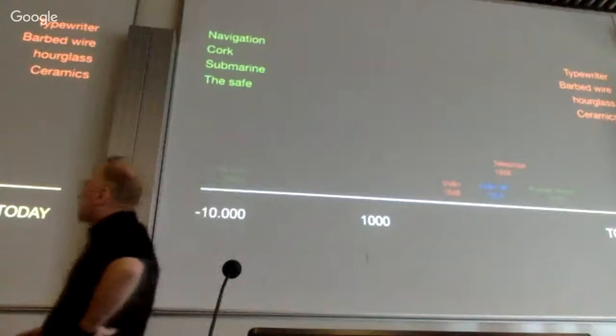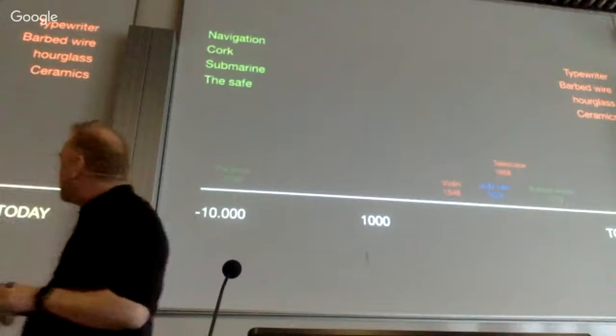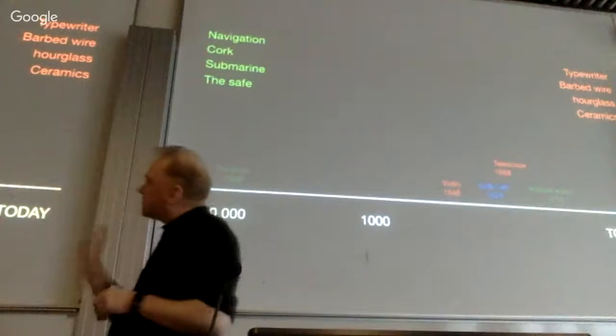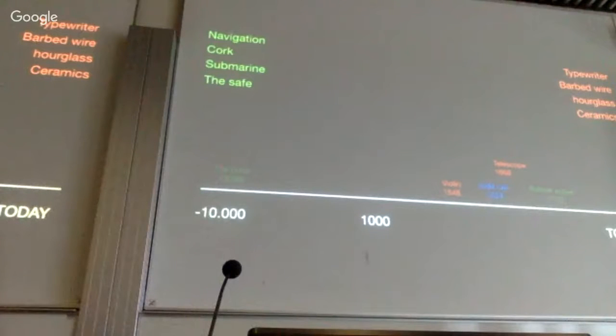Okay, navigation. The question here is, it's probably older than the violin, but where is it on the line? Navigation does predate the violin, but it comes after the brick. Do you agree?